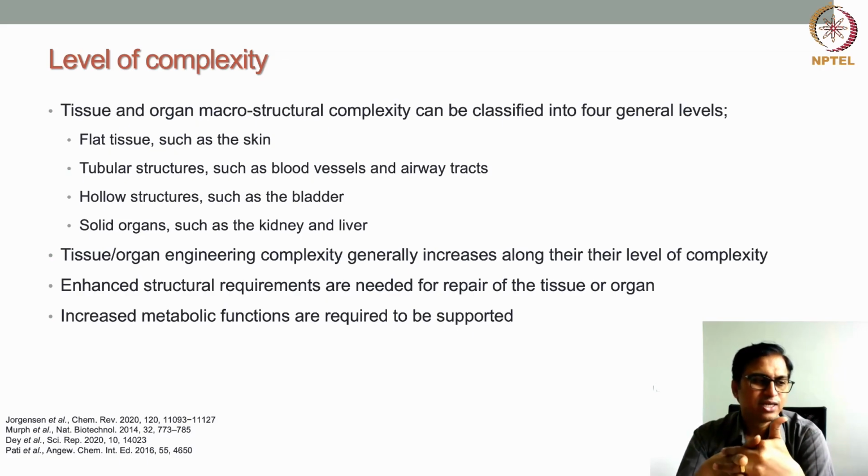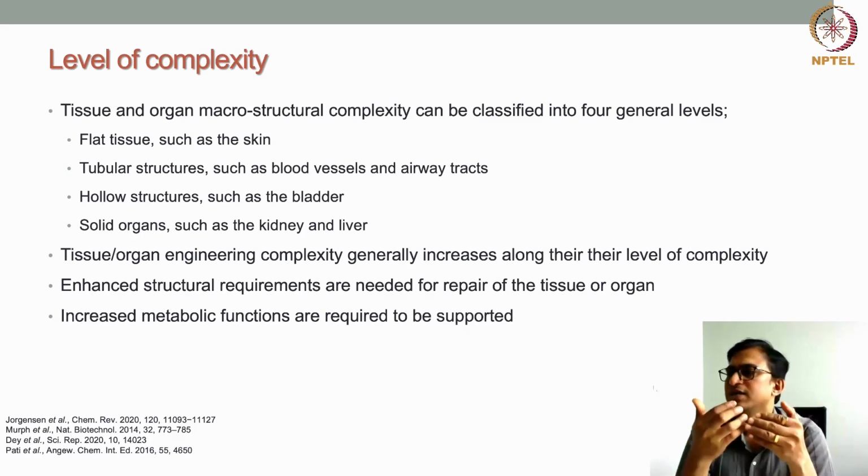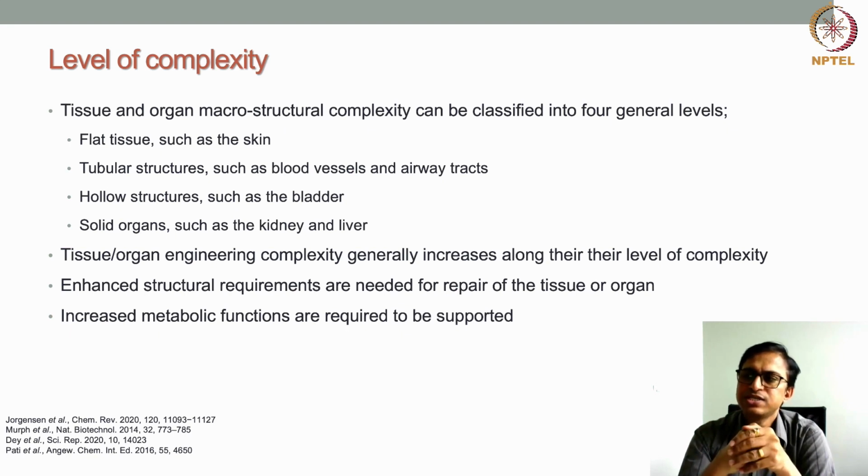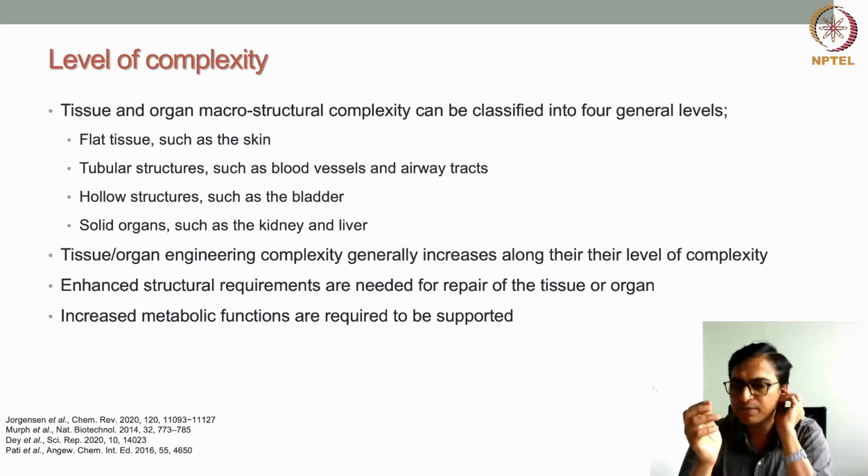And accordingly, if you see in the literature, you will find the same thing: people generally started with bioprinting of simpler structures like tissue, skin and so on, where the strategy is also very straightforward, depending upon the technical capabilities of the bioprinter.